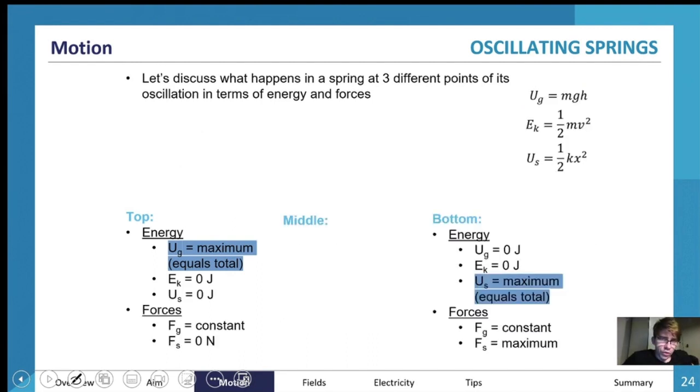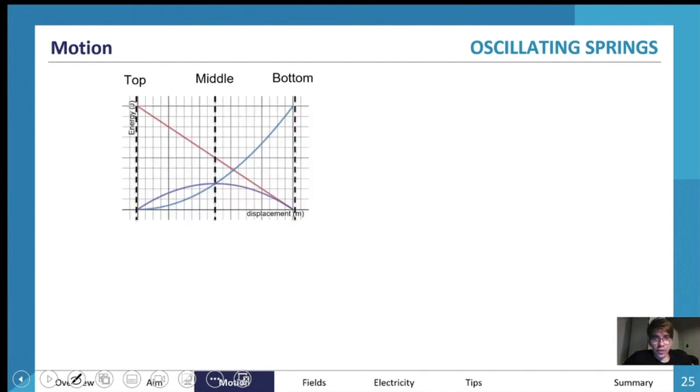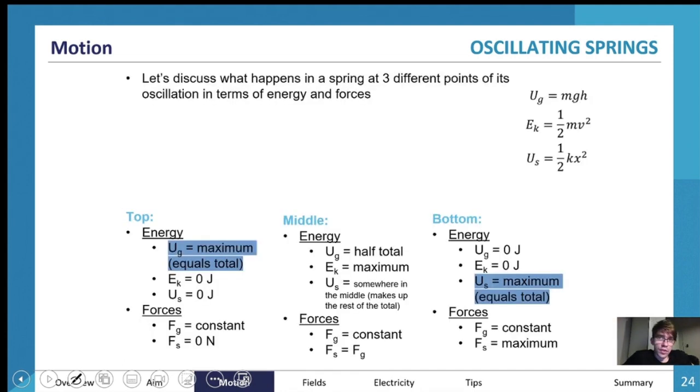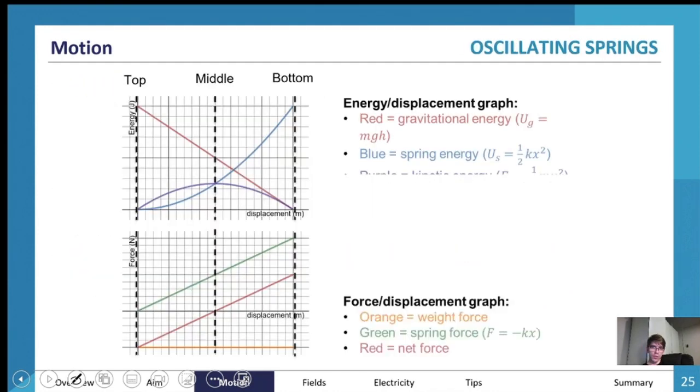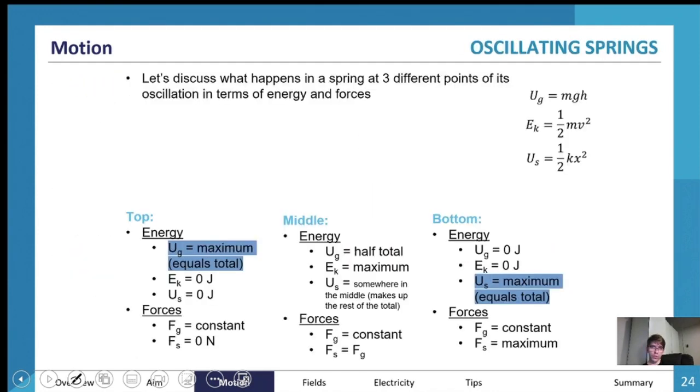And usually when you learn about these three types of energies, kinetic, gravitational, and elastic potential energy, VCAA prefers to ask you about oscillating springs. It doesn't have here an image of an oscillating spring, so I will draw that for you.